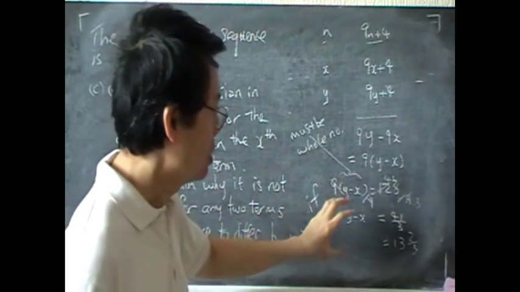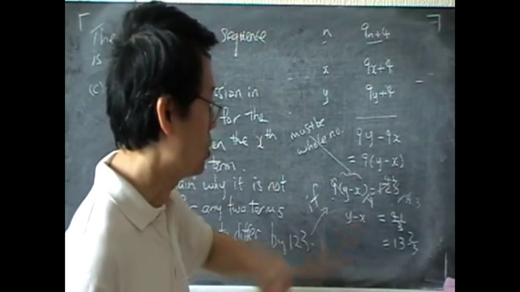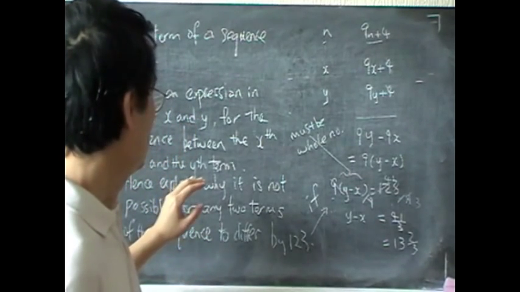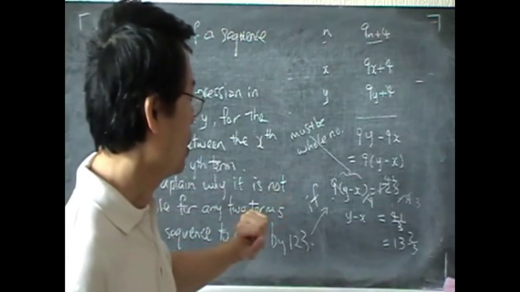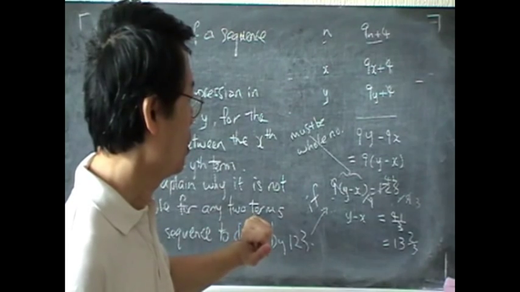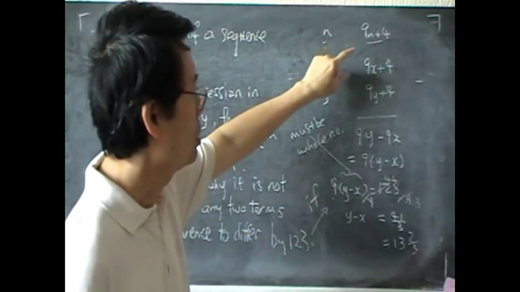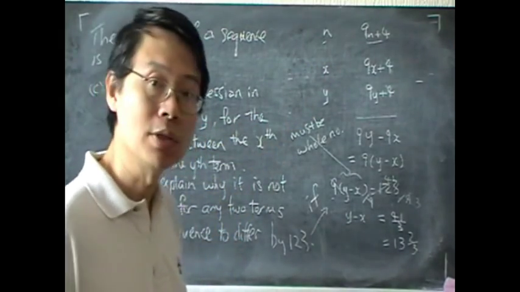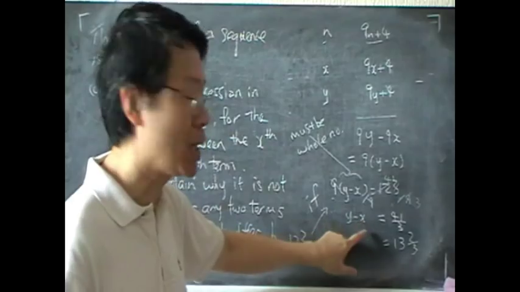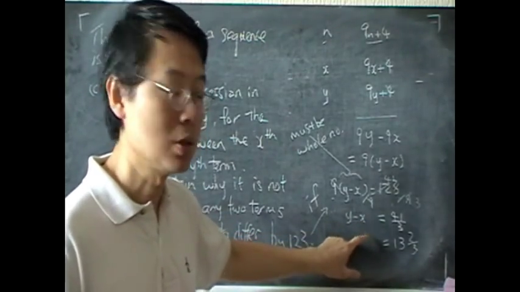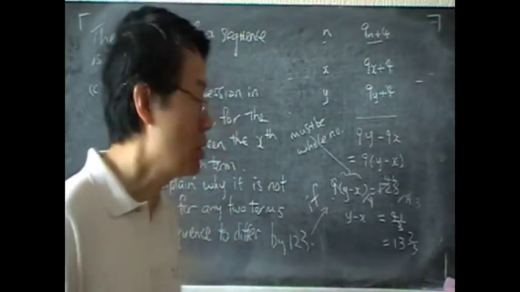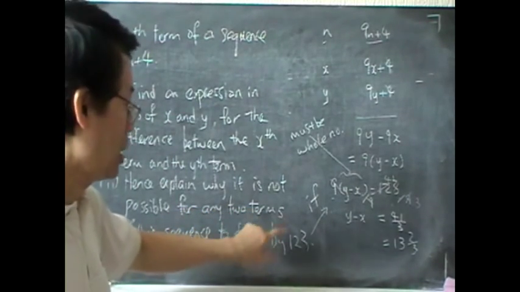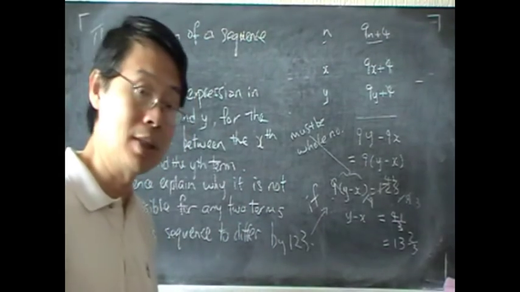But this calculation shows that if the difference between the two terms is 123, x minus y cannot be a whole number. So therefore it is not possible for the difference of two terms to be 123. That's how you do this question.